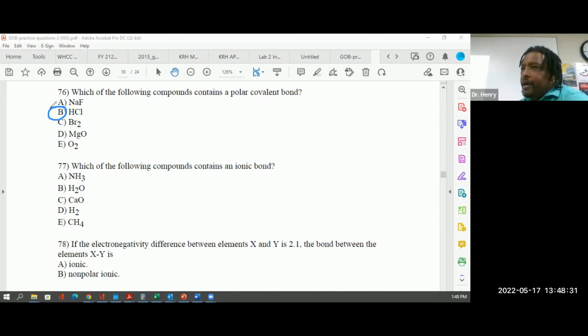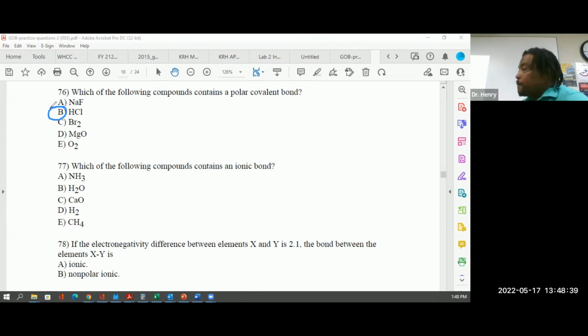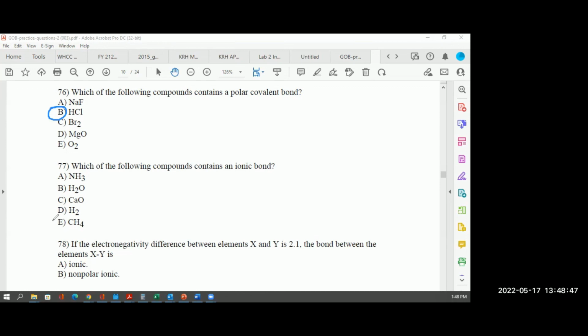What's the rule about ionic bonds? It has to be a what and a what? Metal and non-metal. Which one is a metal and non-metal? C. C is the correct answer.